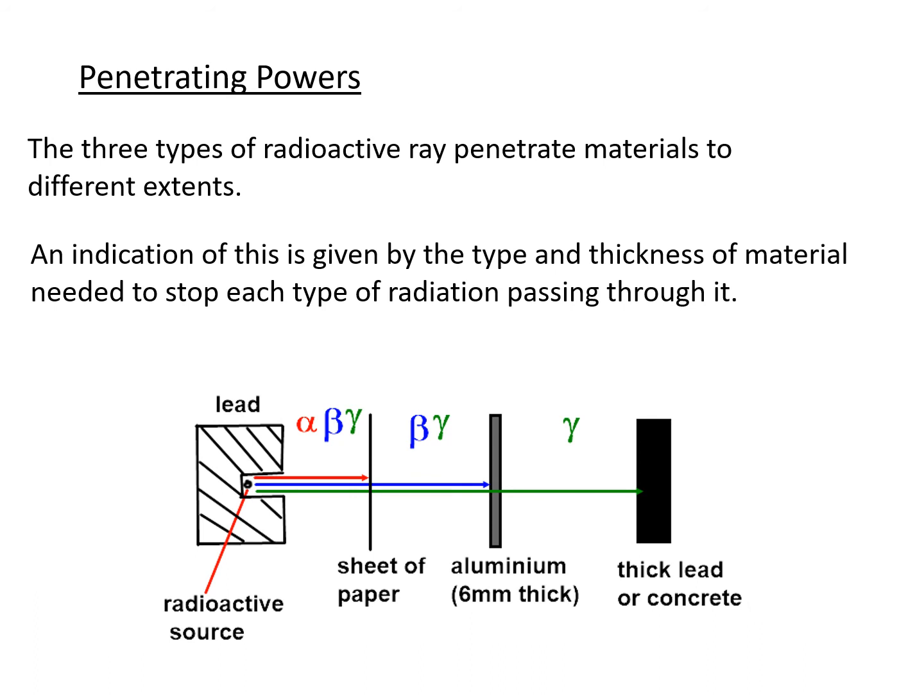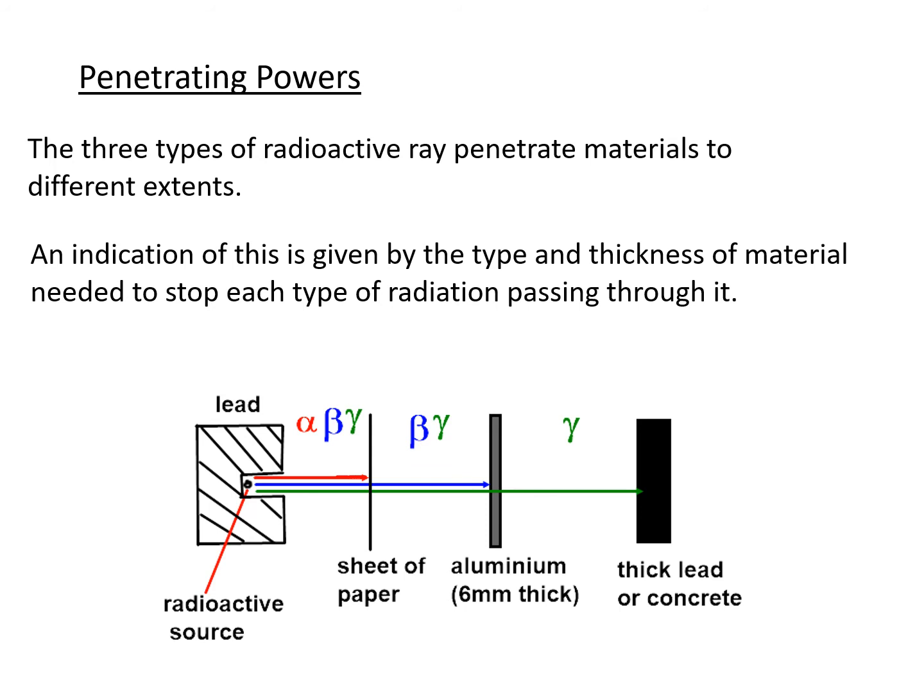The penetrating powers. Now what this means is what type of materials can stop your radioactive source. Okay. So again, you've got your radioactive source coming out of your block here. Your alpha, your beta and your gamma. The first material you've got to pass through is a sheet of paper, and this stops your alpha.